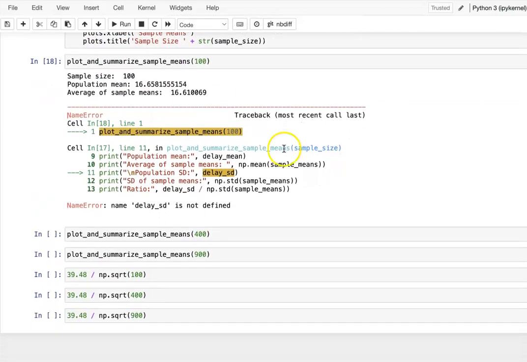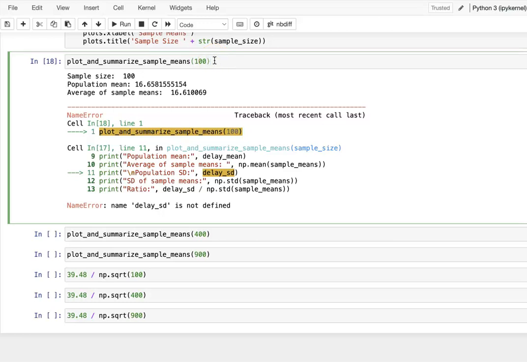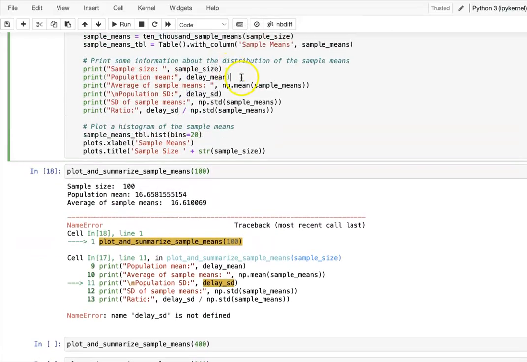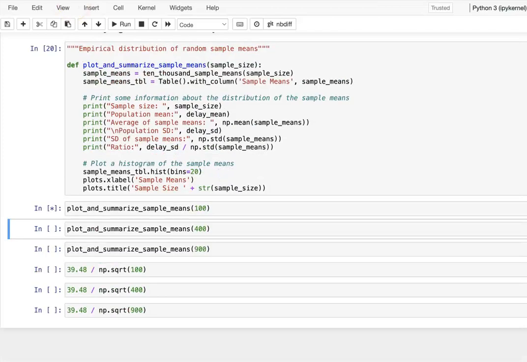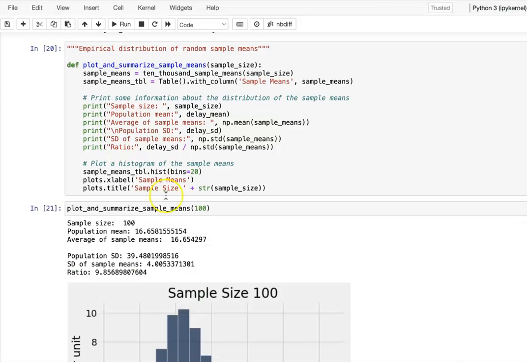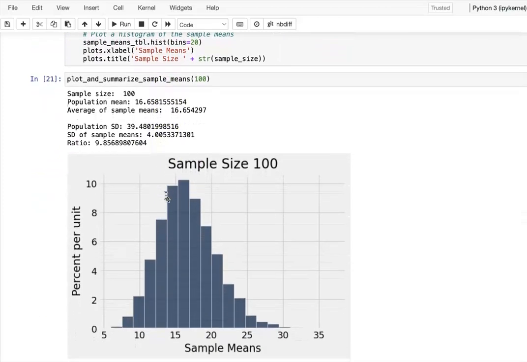After we have that, we can run this again. Let me make sure I also run this one. Okay, so that's our sample size 100. That's over 15 minutes, so I will talk about this one in the next video.